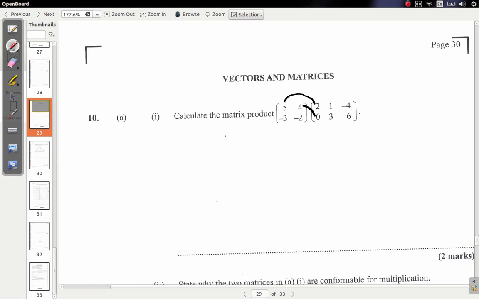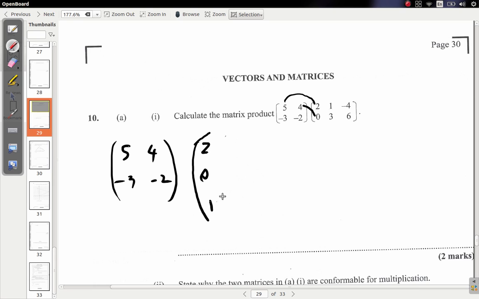Because look at this. If you had 5, 4, negative 3, negative 2, and in this matrix there was a 2, 0, 1, 3, negative 4, 6. What would happen? You would say 5 by 2 plus 4 by 0.